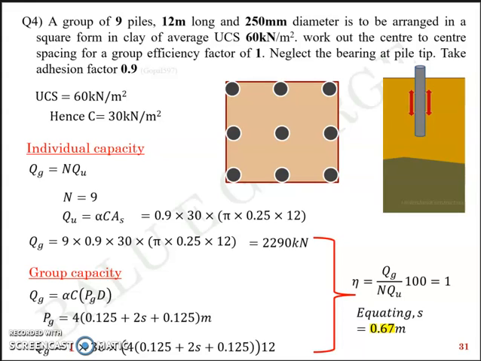So in short, when 9 piles 12 meter long and 25 centimeter diameter are kept at a spacing of 0.67 in a clay of 60 kilopascal UCS, you can have an efficiency of 1 or 100%. That is the essence of the story.